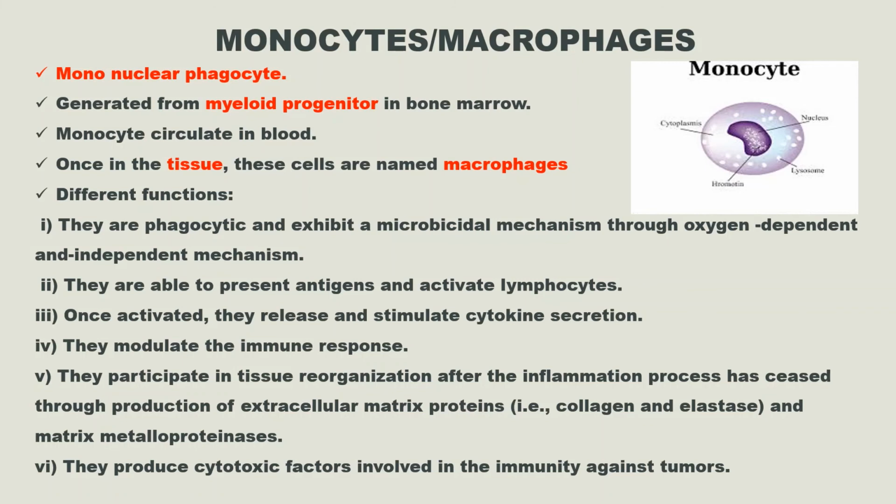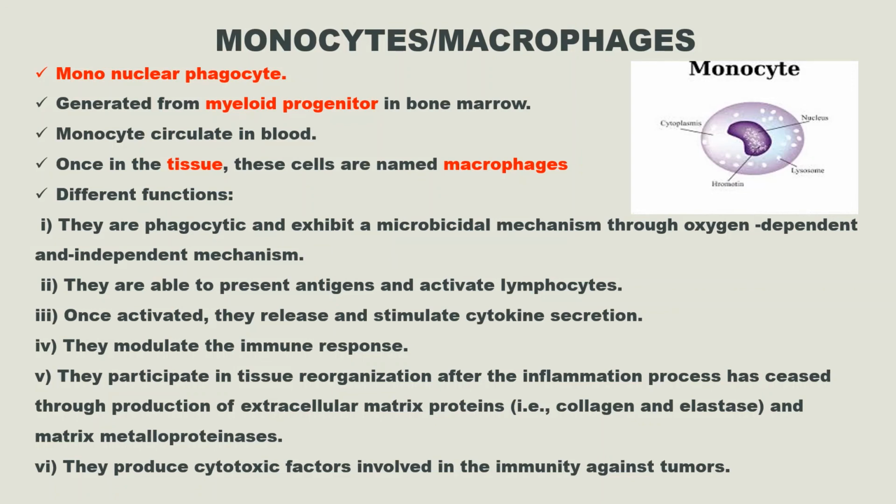This is a phagocytic cell generated from myeloid progenitors in bone marrow. Monocytes circulate in blood. Once in the tissue, these cells are named macrophages.